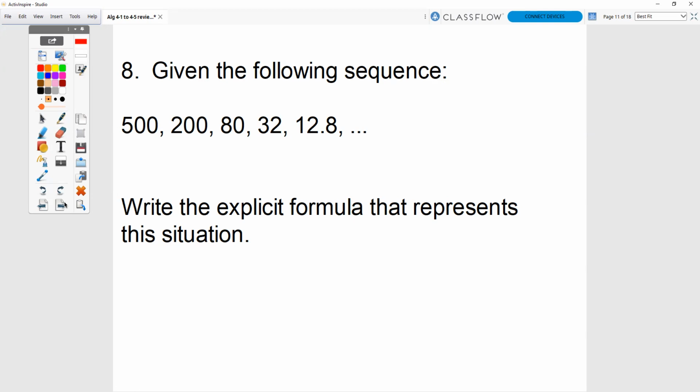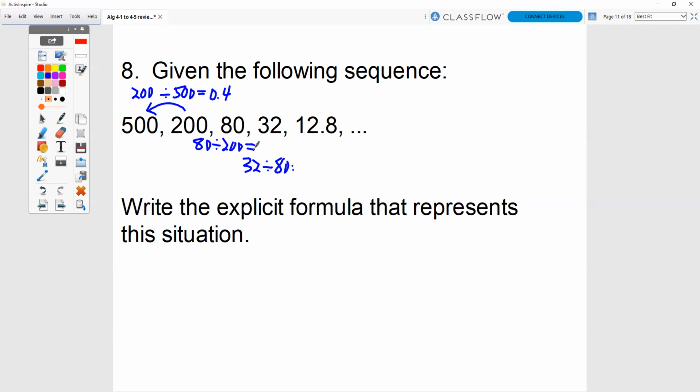Well, how can I figure out what the common ratio is? I can figure out the common ratio by dividing, going backwards, all right? We want to do 200 divided by 500. 200 divided by 500 is 0.4. I could also do 80 divided by 200, or I could do 32 divided by 80.